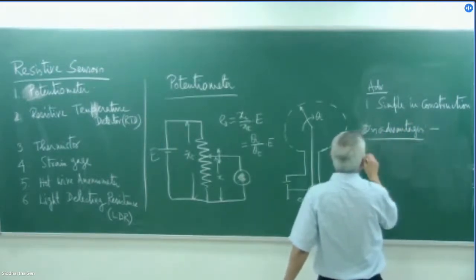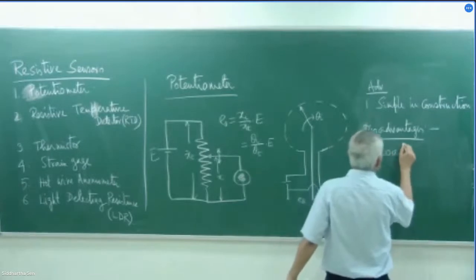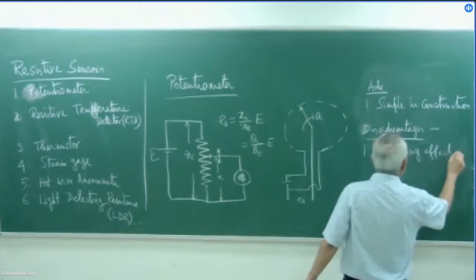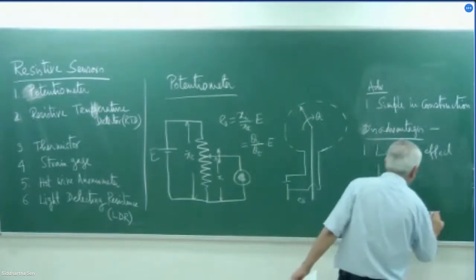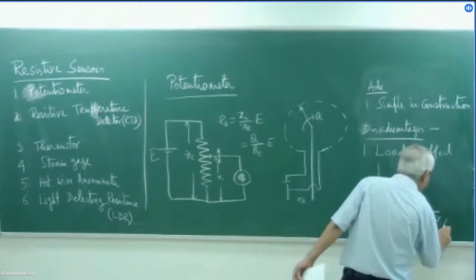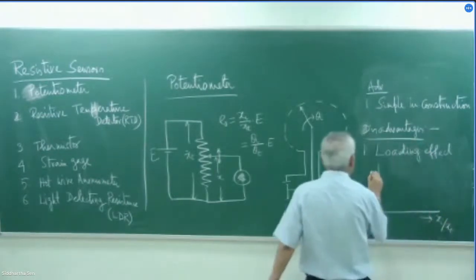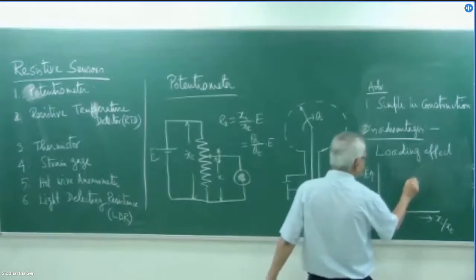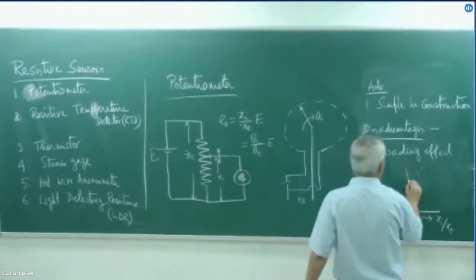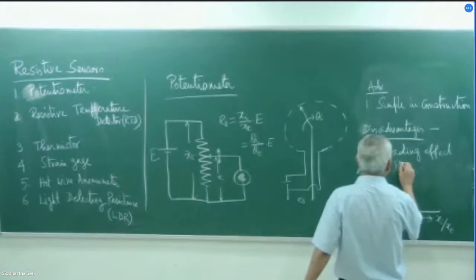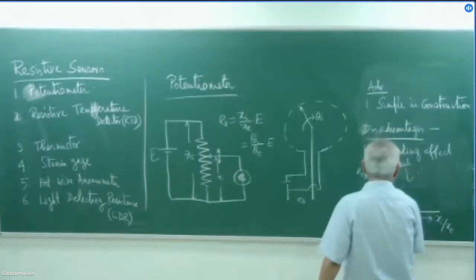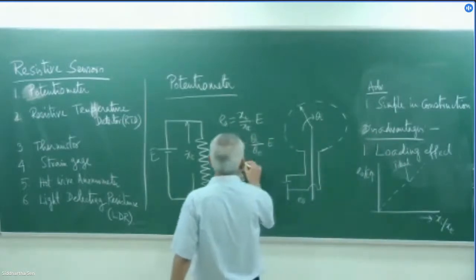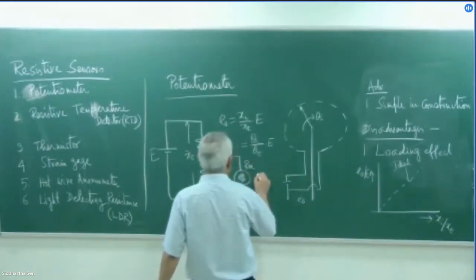We have already said that this is the loading effect. We have mentioned that this is your xi by xt and this is your E0 by E. Ideally it should be like this, and we have seen that it depends upon the meter, where Rm is the meter resistance.